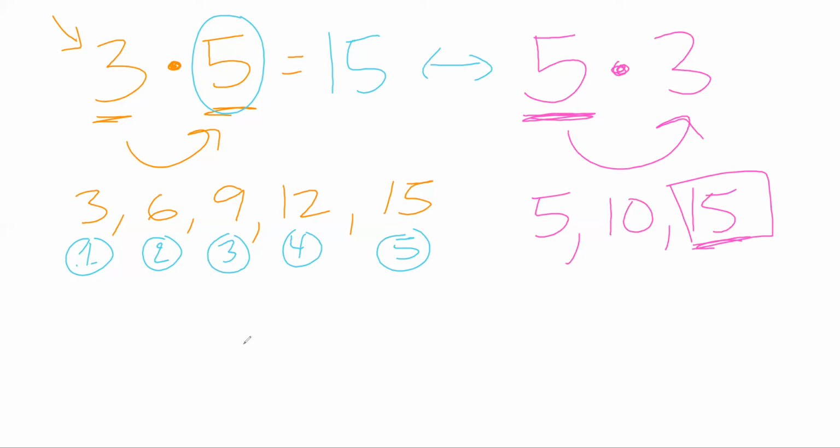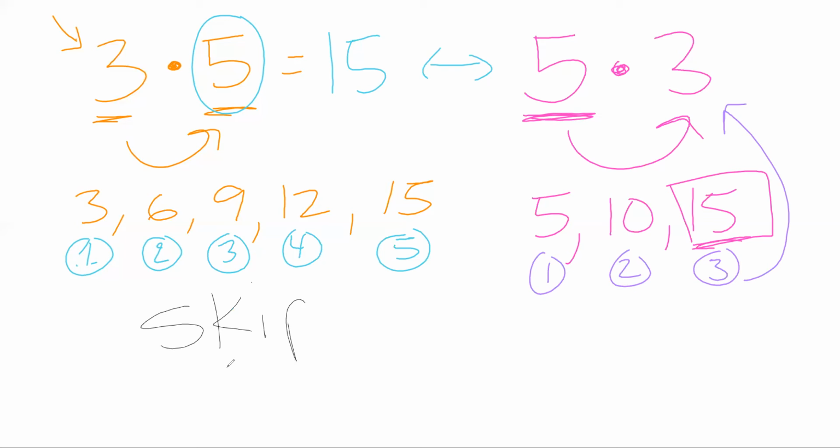It's the commutative property of multiplication. It doesn't matter the order, you're going to get the same answer. But again, you can see I counted 1, 2, 3 times by 5. So we can definitely think about this idea of a repeated addition sentence, and then we can also talk about skip counting. That's what we're doing here.